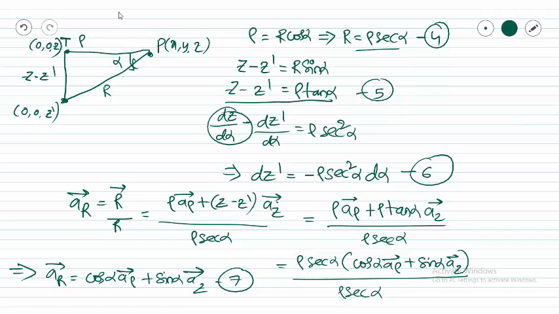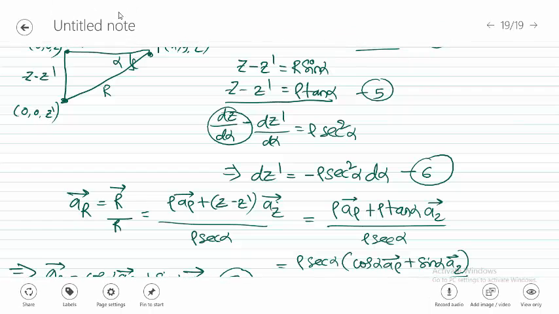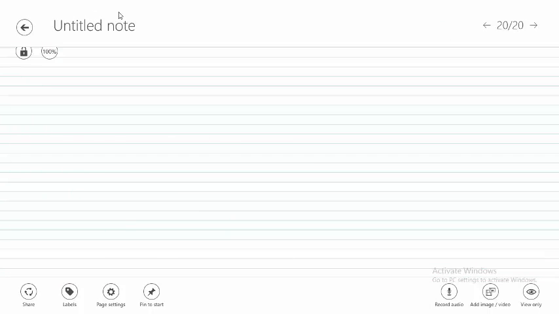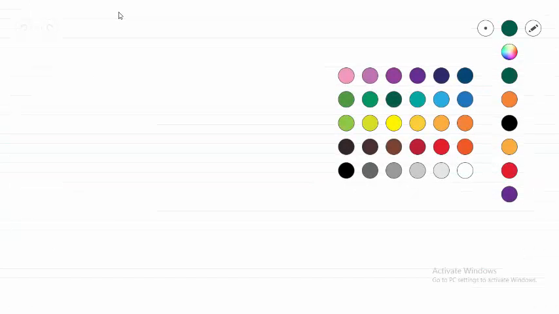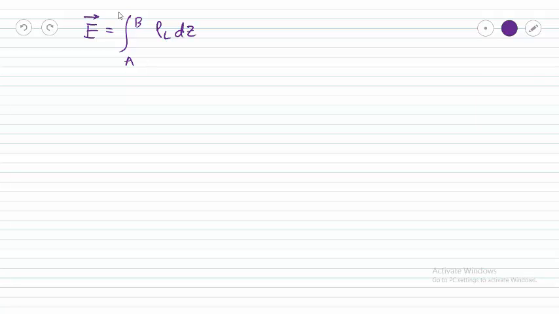Now what we need to do is substitute all these relations in the electric field intensity expression. So let us take the electric field intensity expression. We have E bar is equal to integral over a to b rho L dz dash by 4 pi epsilon r square a r bar. So let us substitute everything.